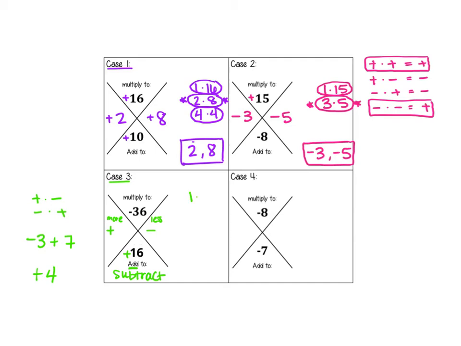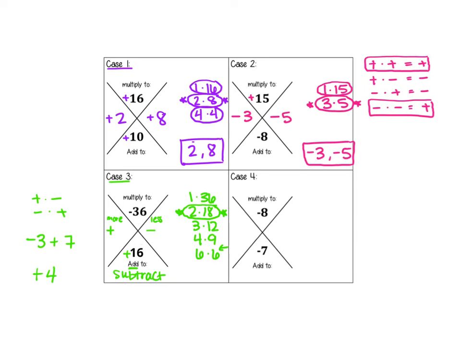So if I make my list of things that multiply to 36, 1 times 36, 2 times 18, 3 times 12, 4 times 9, 5 doesn't work, 6 times 6, 7 would be somewhere in there. So that's my whole list. Which of those could subtract to 16? So the only pair that has a difference of 16, since there's one positive and one negative, is 2 and 18.